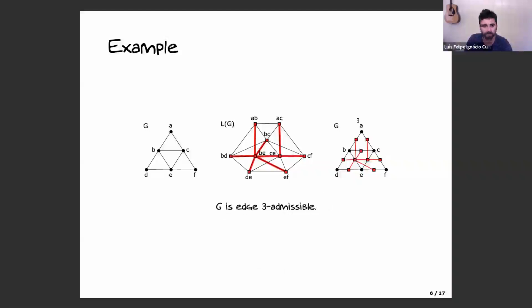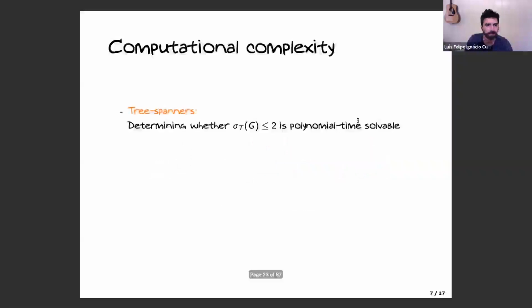Okay. How about the literature about these problems? The computational complexity of determining the stretch index of a graph: if I give you a graph and I want to answer whether it is 2-admissible, such a problem can be solved in polynomial time.